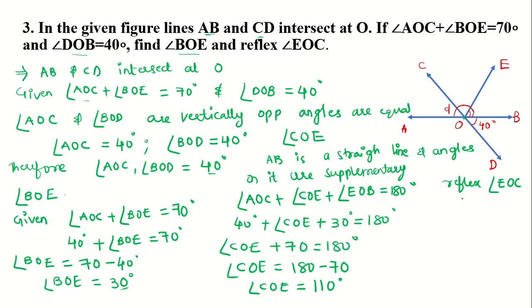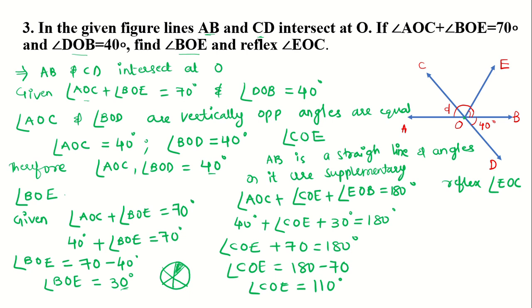A reflex angle is something which is greater than 180 but less than 360 degrees. Suppose, imagine you have a pizza. Imagine this is a pizza and if you cut this pizza into different slices, let's say these are different slices. So angle EOC here is a single slice. Consider it as angle EOC.